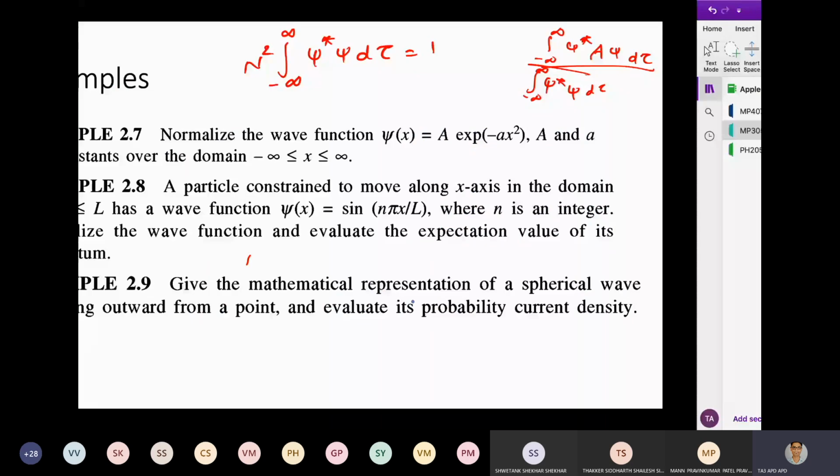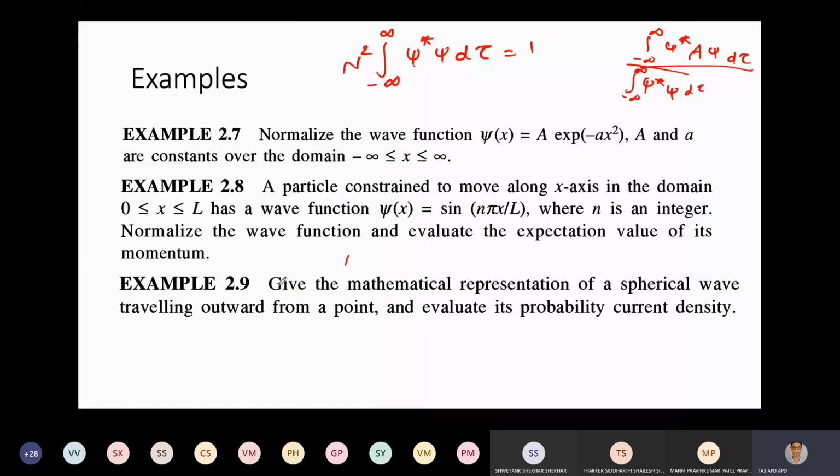Okay, next example is 2.9. Give mathematical representation of a spherical wave. Okay, spherical wave का mathematical representation है, which is traveling outward from a point. तो पहले तो mathematical representation देना है. तो अच्छा, what I will do, I will give you the mathematical representation.